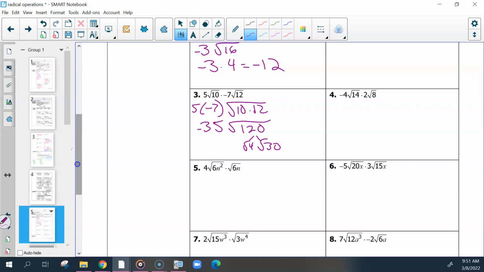So if we broke down 30 more, we'd have 5 times 6. 6 can be broken down to 3 and 2. So we have 5 times 3 times 2. None of those are the same, so none of those would come back out. It would just stay the square root of 30. So even though it seems like it's a big number and we should simplify it more, there's nothing we can simplify it to.